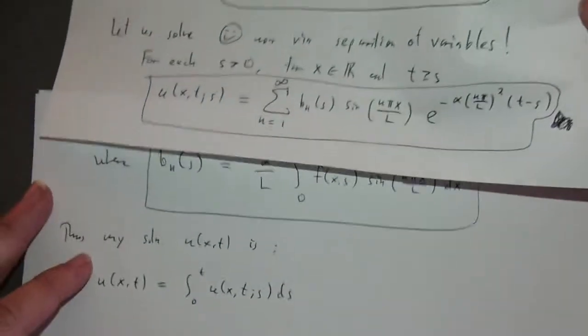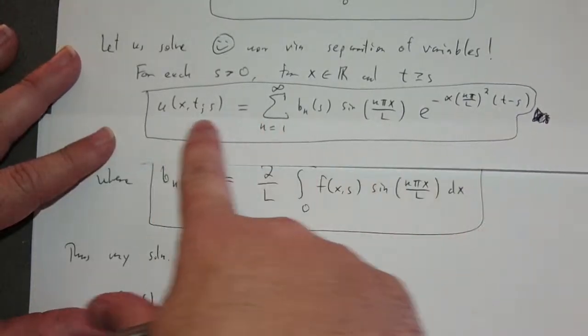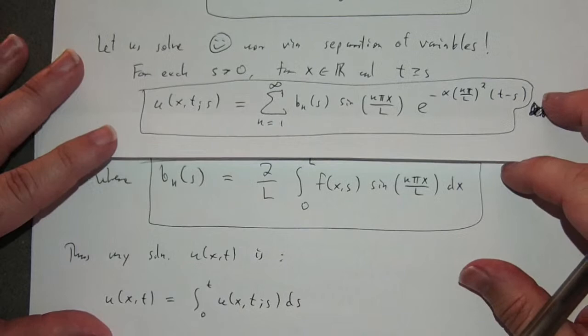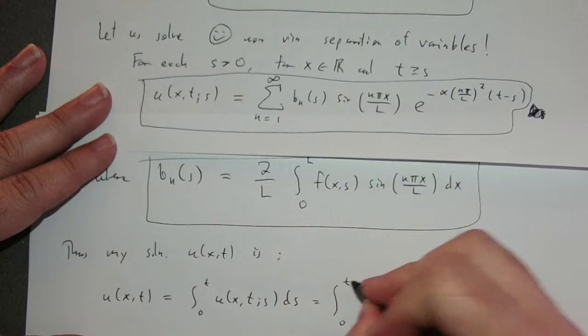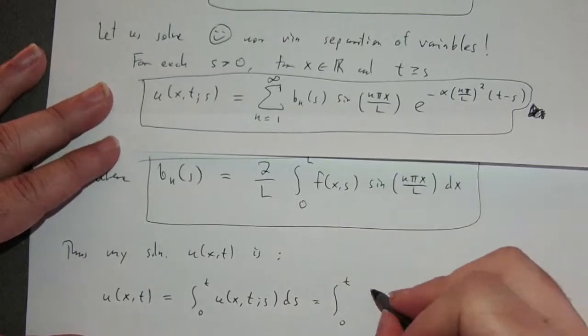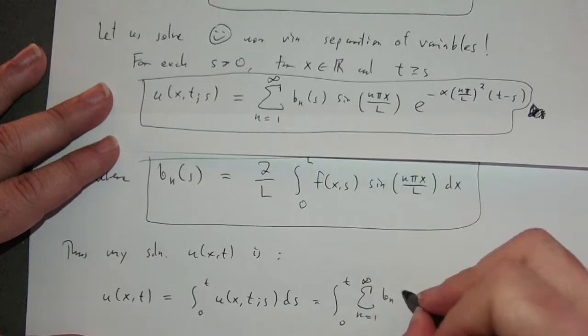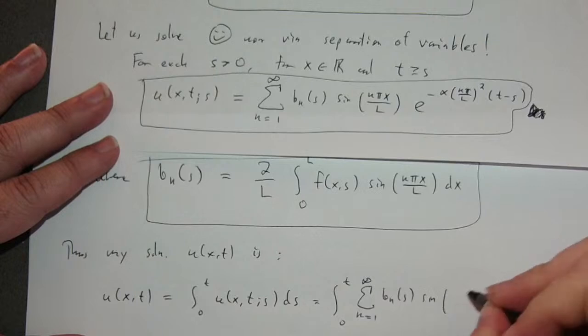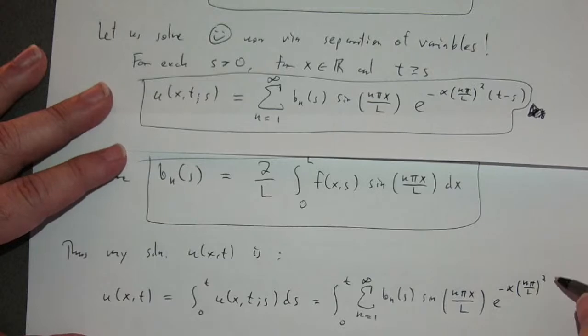U of x, t, s is given by this formula here. And so this is the integral from 0 to t of the sum from n equals 1 to infinity of b sub n of s sine of n pi x over L e to the minus alpha (n pi over L) squared (t minus s) ds.